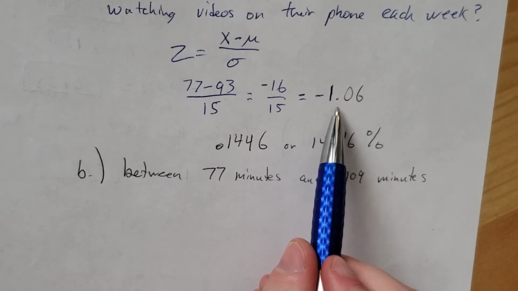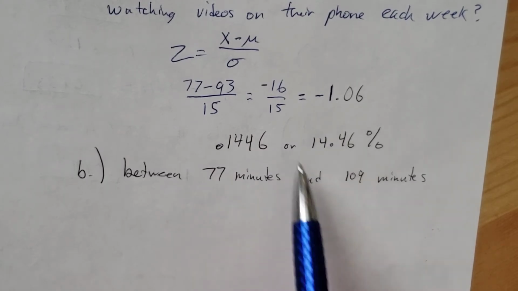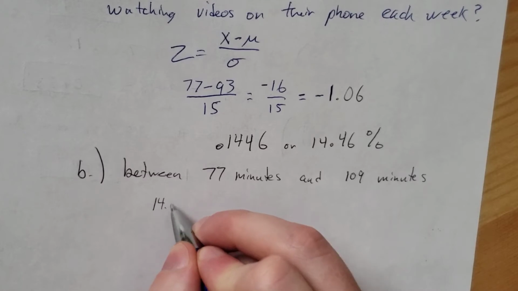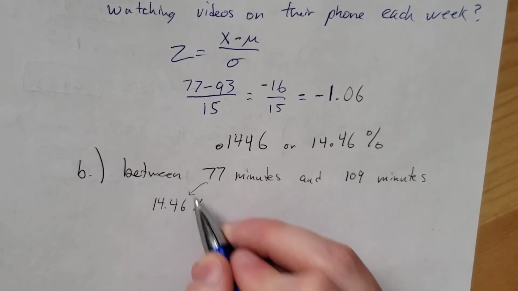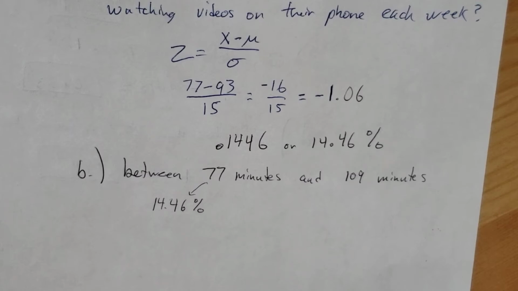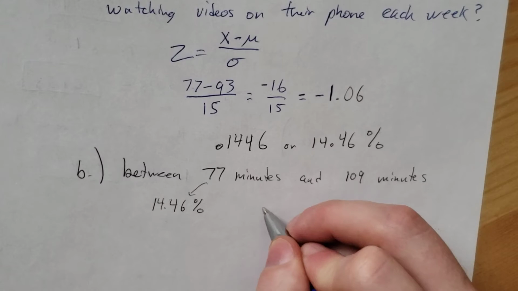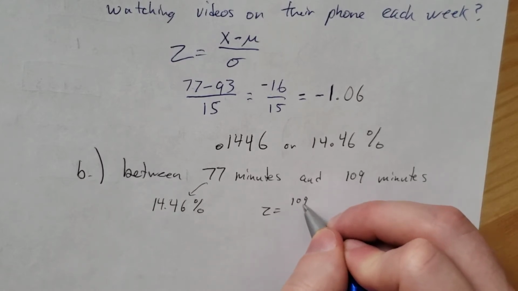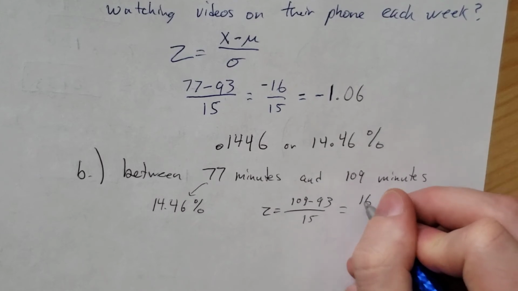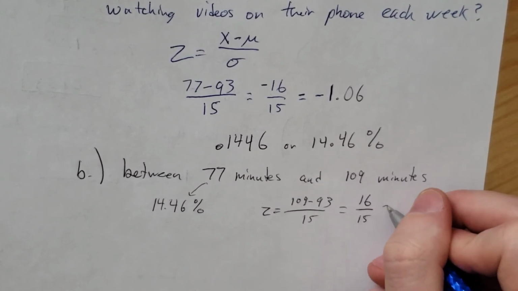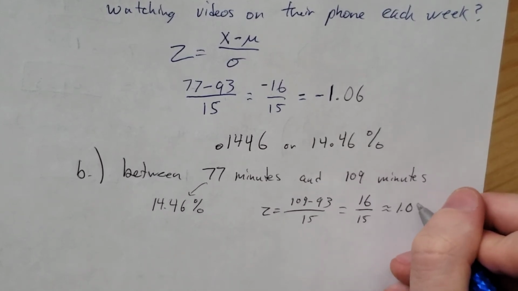That was negative 1.06, and the percentage related to that was 14.46%. We just did that in the previous problem. What about 109 minutes? Well, we do the same thing as before, except our z now is 109 minus 93 over 15. This is 16 over 15, which is again approximately 1.06.